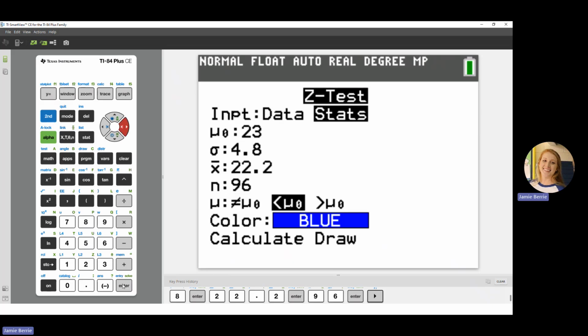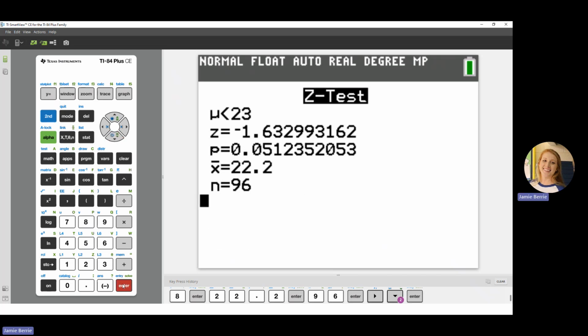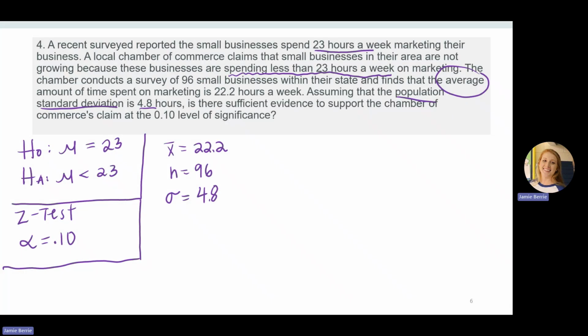And same alternative hypothesis, so still looking at having less than 23 hours a week for the alternative. So I'm going to go down to calculate. There's my p-value, 0.05. All right, so let me write that down. p-value, 0.05.